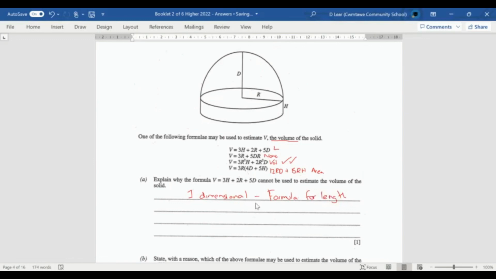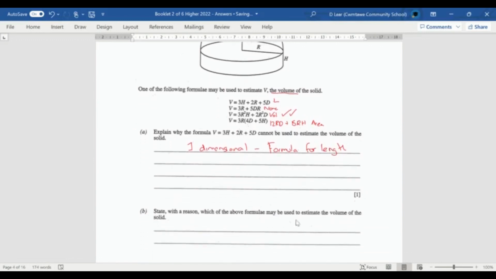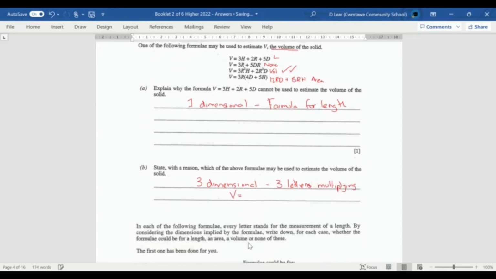Okay, anything like that, and then state with the reason which of the following may be used to estimate the volume, and you can quote the one that we said earlier, and your reason would be it's three-dimensional. In other words, it's three letters multiplied. It says which of the ones, so you need to put that as well.